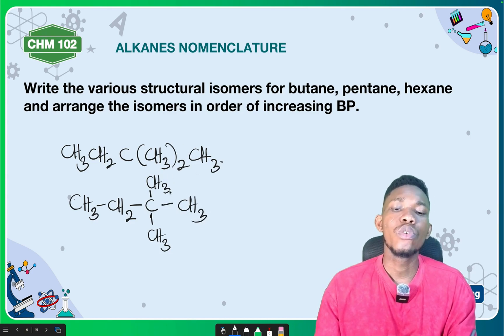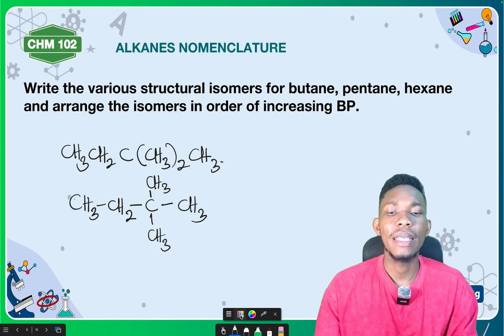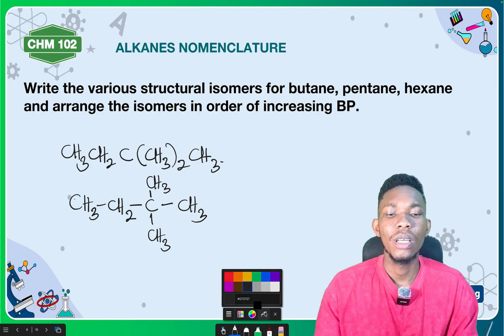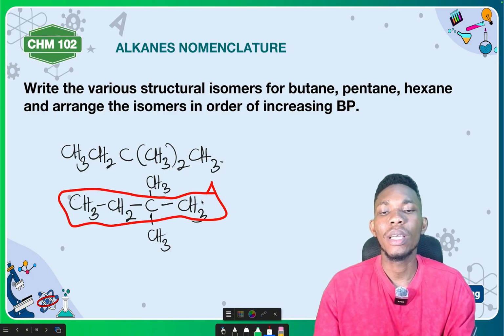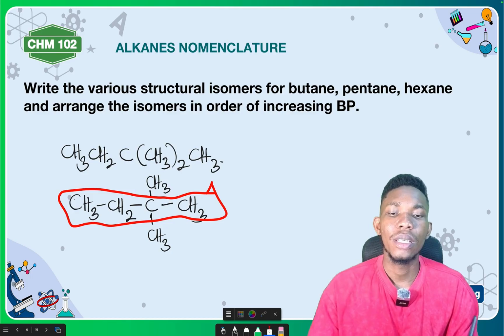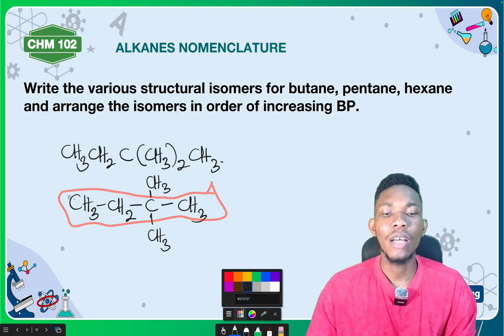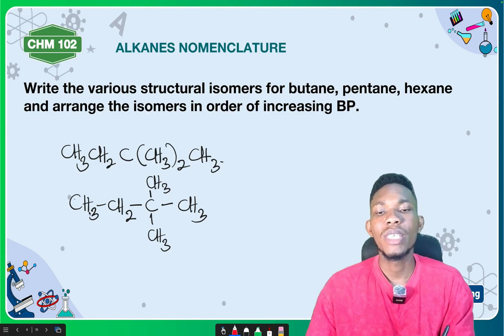Are you getting it? So we are now going to count the longest continuous chain. Which of the chains is the longest continuous chain? If you actually look at this very well, you agree with me that the straight chain in this compound is the longest continuous chain. So if it is the longest continuous chain, how do we number? We number from the side that we get to the substituent easily. Which side do we get to the substituent?